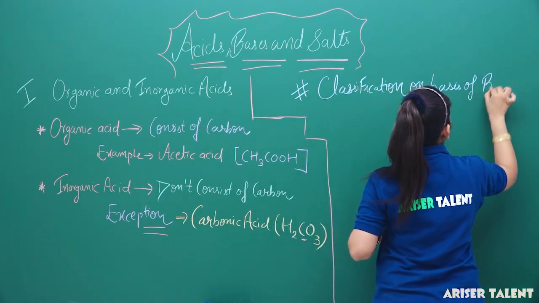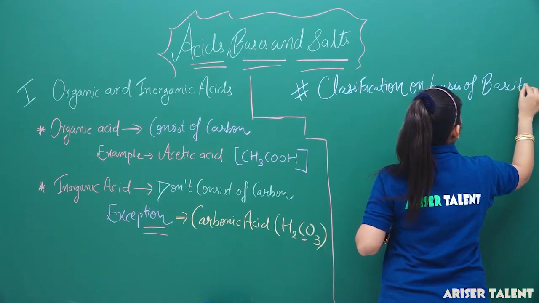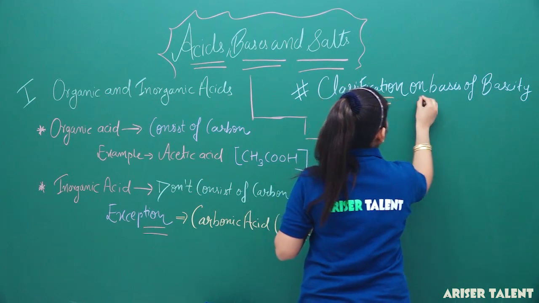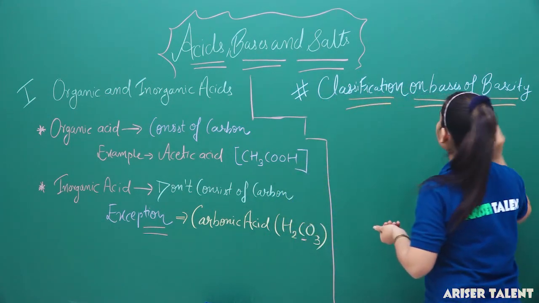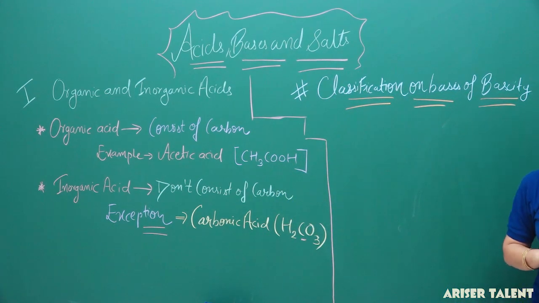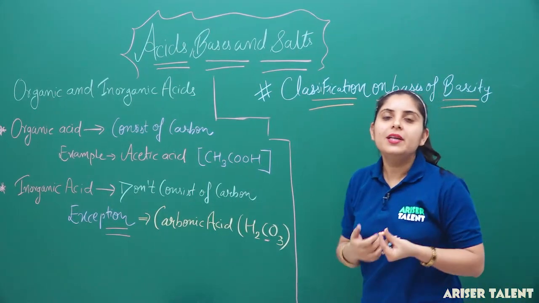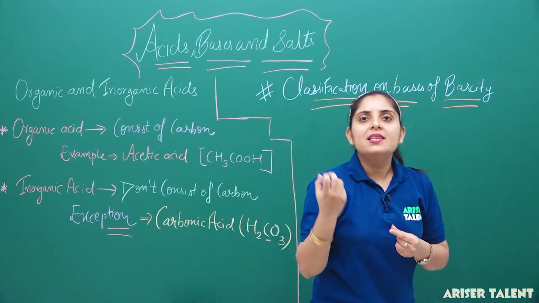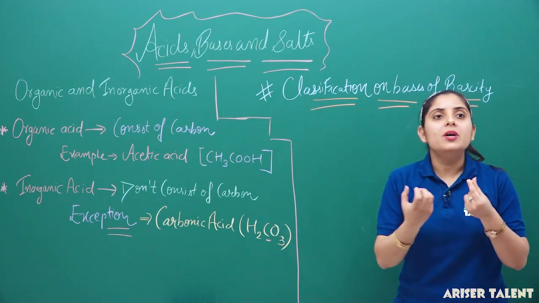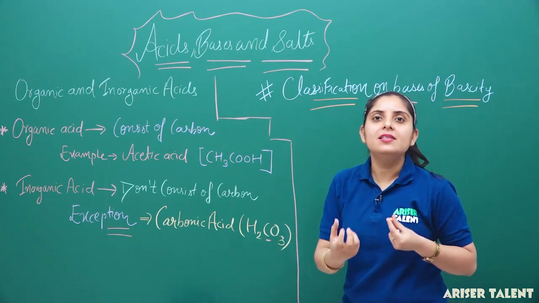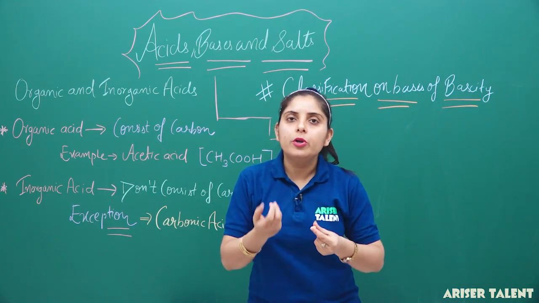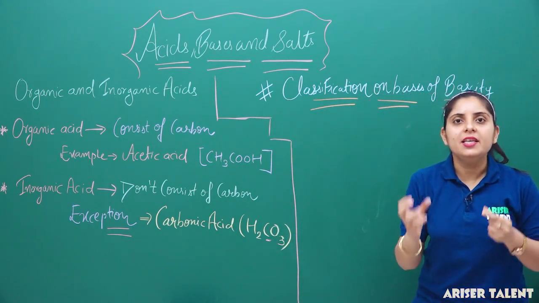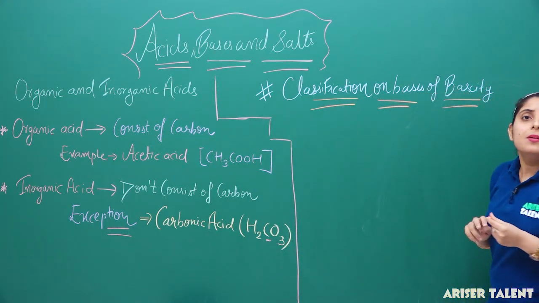Before proceeding to the classification, firstly we have to understand what the term basicity actually means. Basicity basically means when an acid is dissolved in water, how many H3O ions, that is hydronium ions, it is going to produce. So the number of hydronium ions produced by an acid in any solution is termed as basicity.